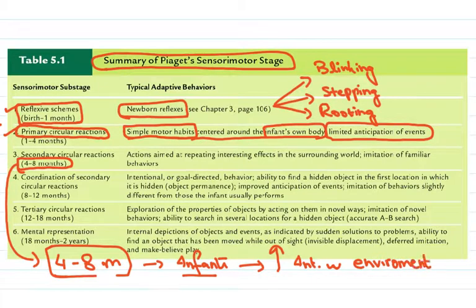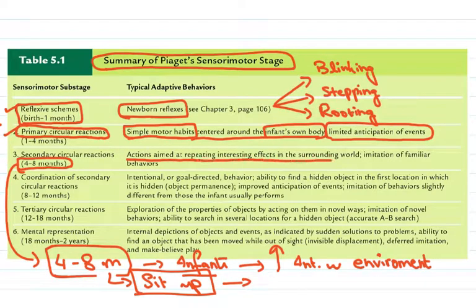And the reason for that is that at this stage, most children are learning to sit up by themselves, right? And that gives them so much more opportunity to interact with the environment. That is very important, that they're beginning to sit up, and that is why there are actions aimed at repeating interesting effects in the surrounding world, because now they're able to interact with the surrounding world in a very new way.